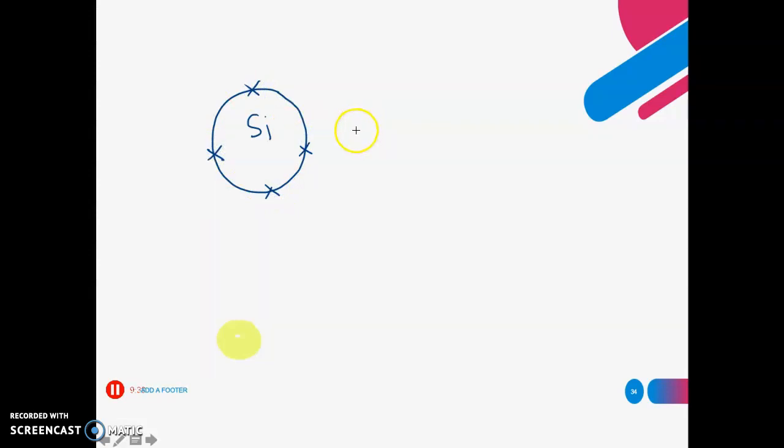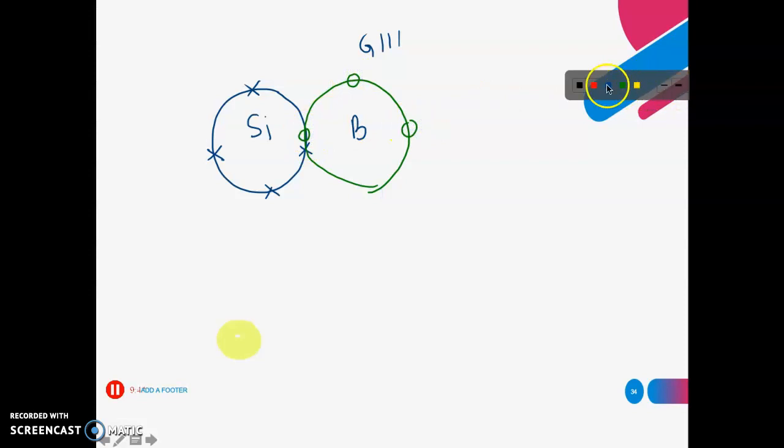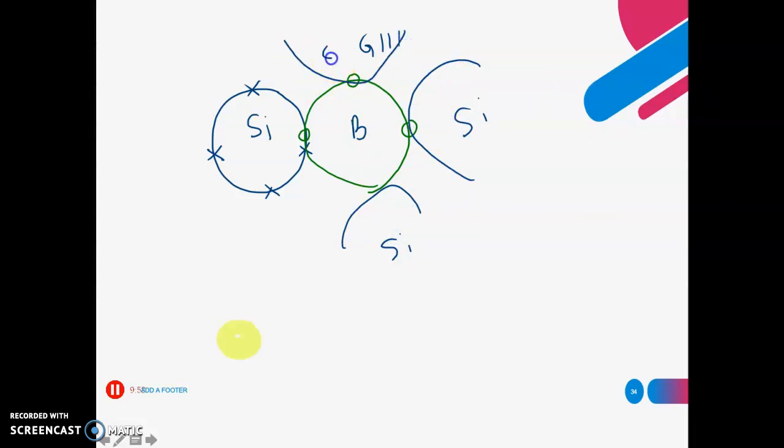You're going to dope with group 3. An example of group 3 is boron. So what is the valence of boron? You have only 3 valence, 1, 2, and 3. And next to the boron, again you have another silicon. Here also silicon, and here also silicon.